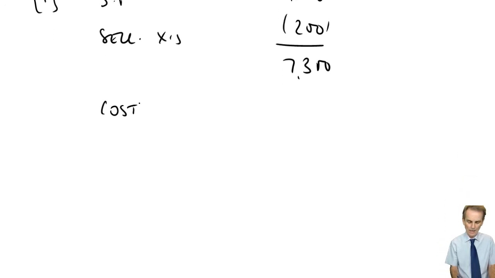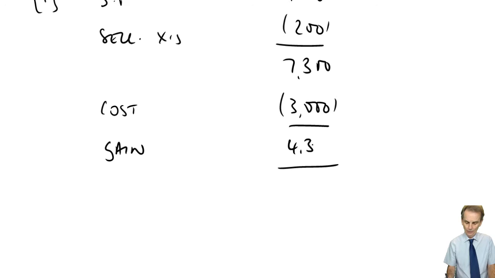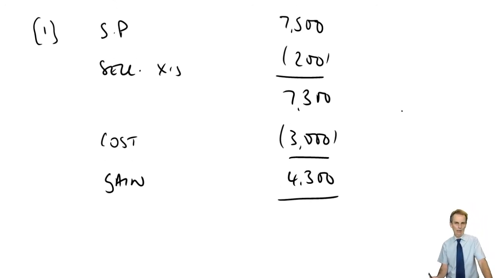Take away your allowable cost, that was 3,000. So we're talking about a chargeable gain arising here of £4,300. There's your actual gains calculation. So there's nothing different there to what we've always done. What do we sell it for? What's the selling expenses? What's the allowable cost?